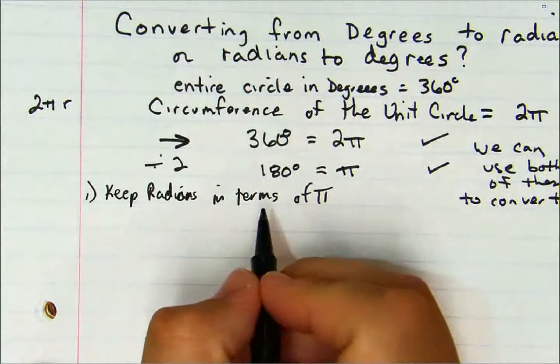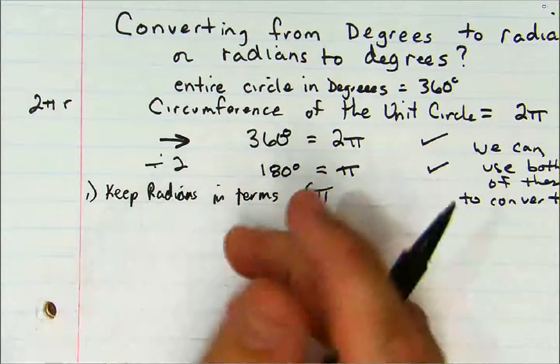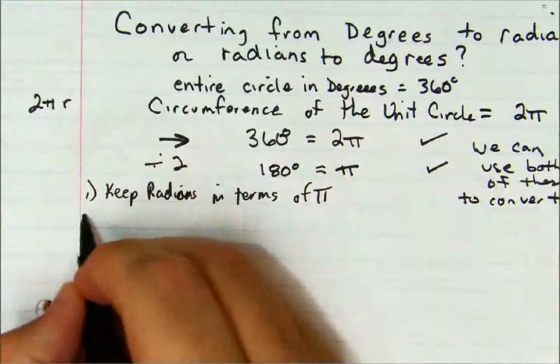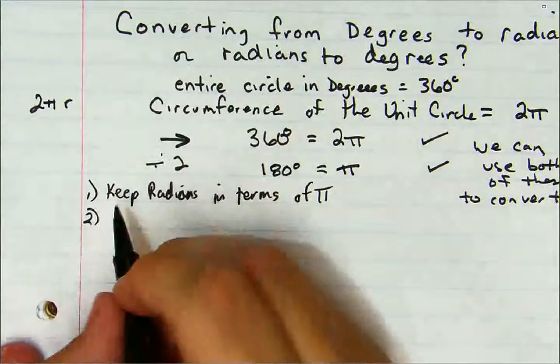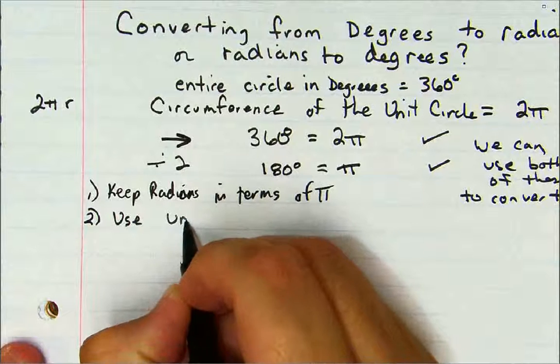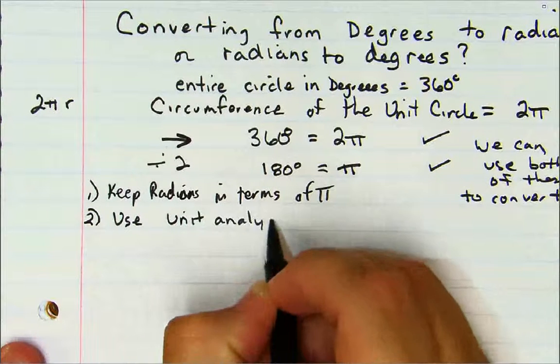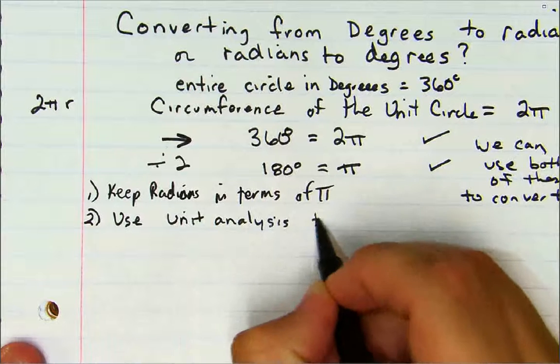Keep your radians in terms of pi, and always use this. And I would say, use your unit analysis to convert.